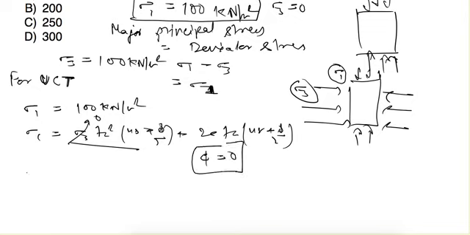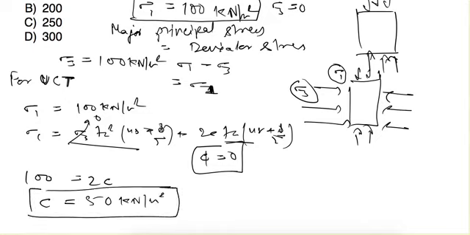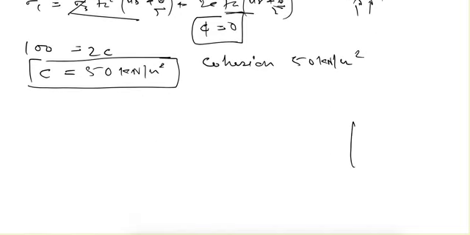So sigma 1 is equal to 100, and phi is equal to 0, so this term will become 1. 100 is equal to 2c, so from here c is equal to 50 kilonewton per meter square. So from the first test we know that the cohesion for this soil is 50 kilonewton per meter square. Now we are testing one more sample, and for this sample also C is equal to 50 kilonewton per meter square.